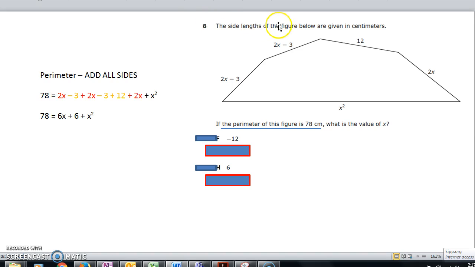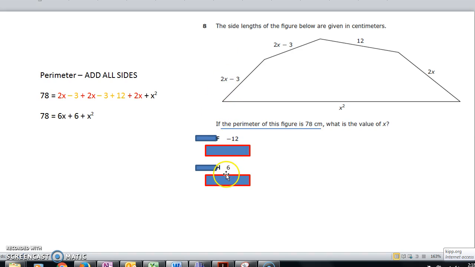It says the side lengths of the figure below are given in centimeters. So there is some kind of a figure. This is some kind of a shape, some kind of an object. Maybe this has to do with real and unrealistic problems. So what I can do is try plugging my answers in for x and see what I get.